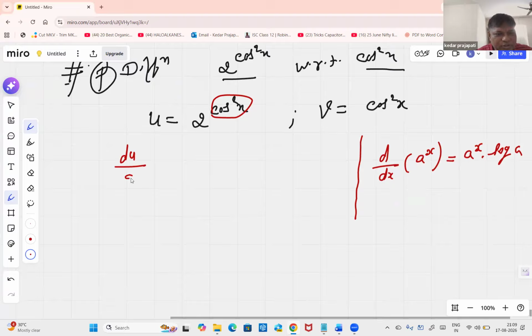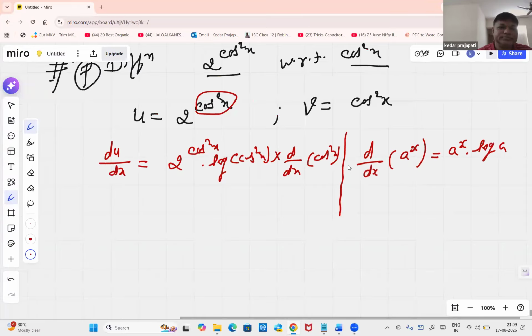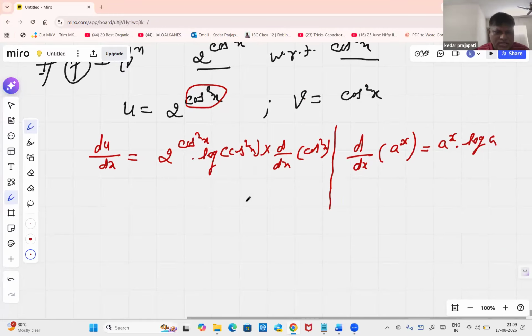So this will become du by dx is equal to 2 to the power x, means 2 to the power cos square x, into log 2, into d by dx of cos square x. Okay.